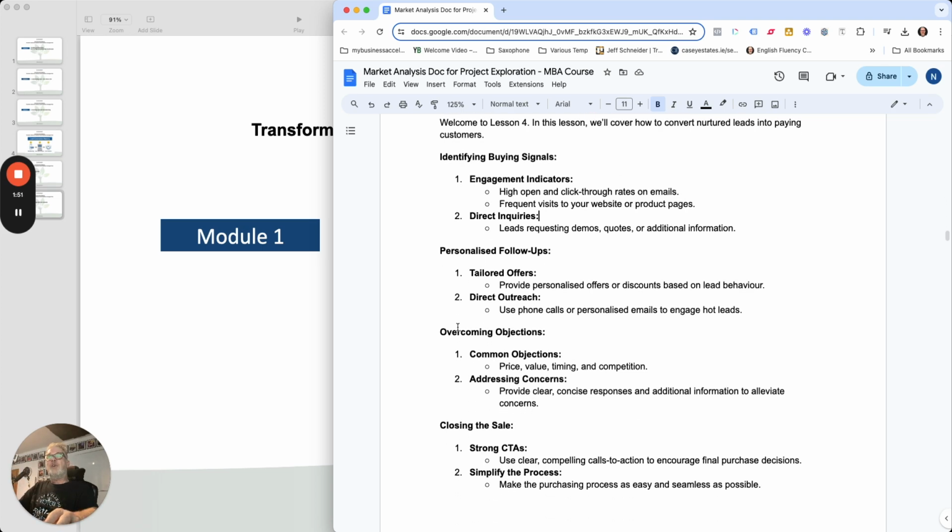We can talk about personalized follow-ups, in other words, tailored offers. We can provide personalized offers or even discounts or incentives based on the lead behavior. And this is very, very typical and very common in the digital marketing area. We can also use the phone call. And we can use personalized emails to engage hot leads.